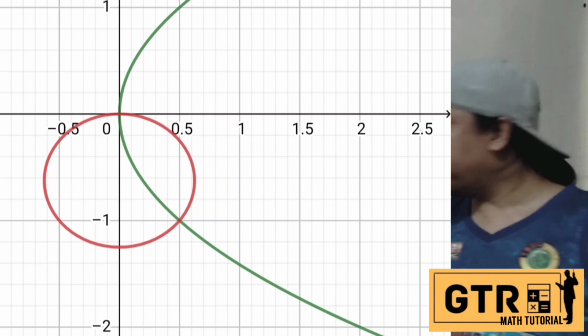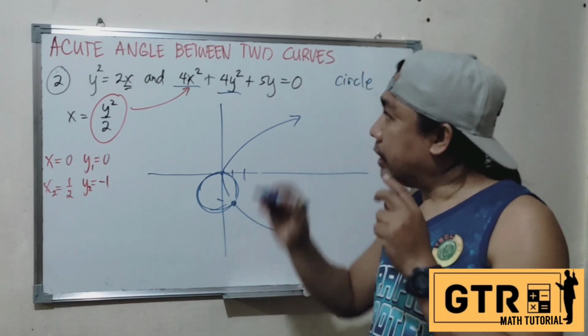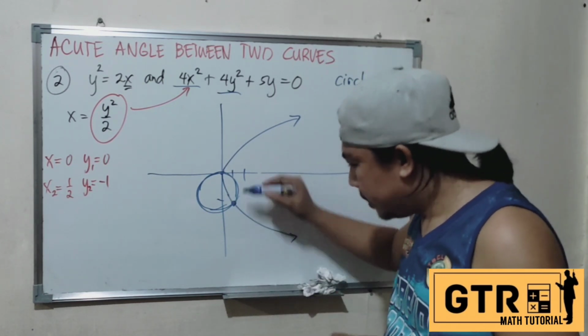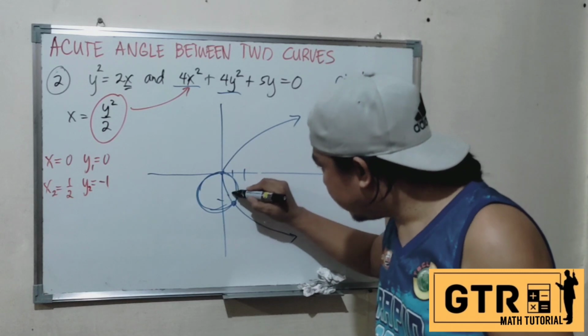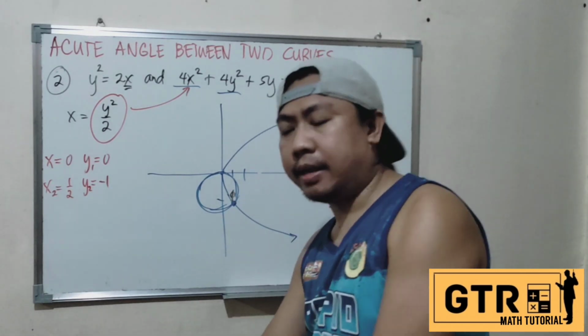So at the point of intersection, this is the acute angle at 1 half and negative 1.